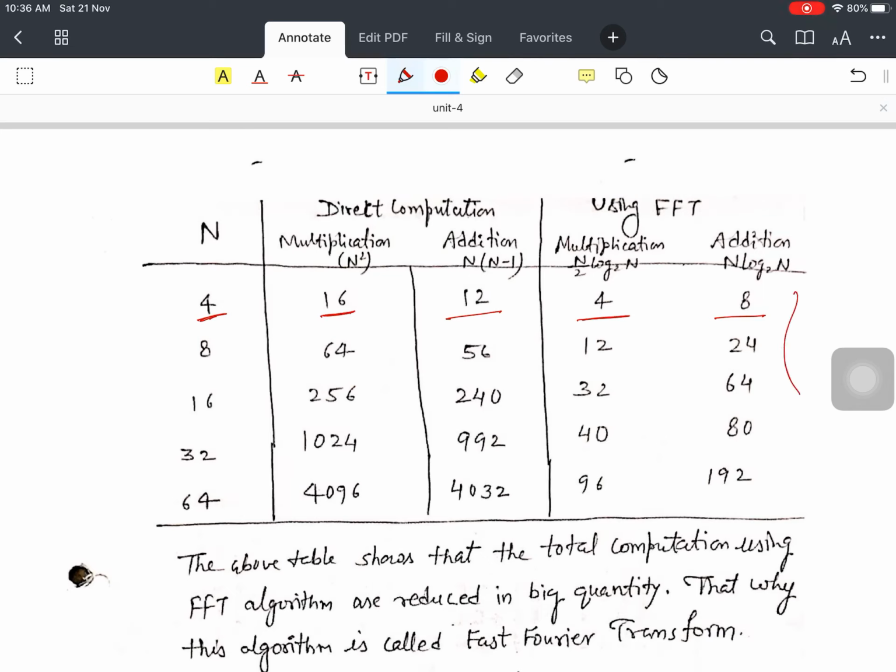So from here you can see you require a smaller number of arithmetic operations, multiplications and additions, in the case of FFT. So that is why it is faster than the direct computational method of DFT.